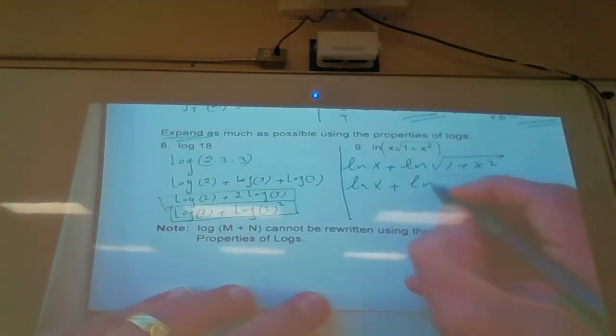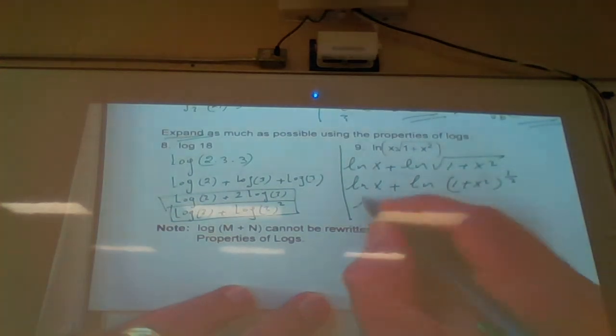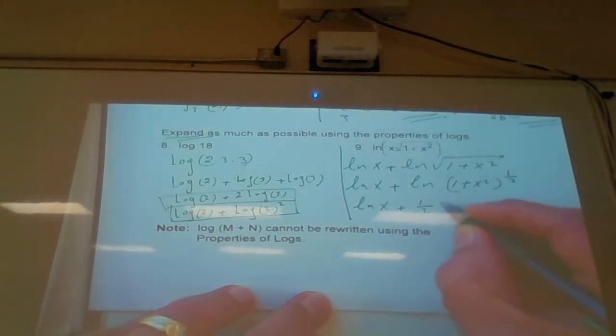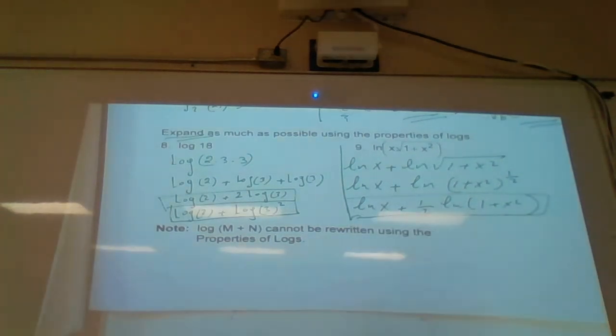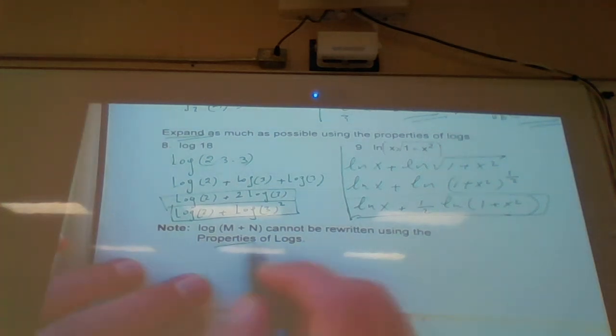The only thing I can do here is change that radical into a half, then bring that half down, because when you expand, you bring the number to the front. And that's it. There's nothing I can do. That's the answer. We cannot break this up, because to break this up, it has to say natural log of 1 plus natural log of x squared. And that's what they're talking about here.